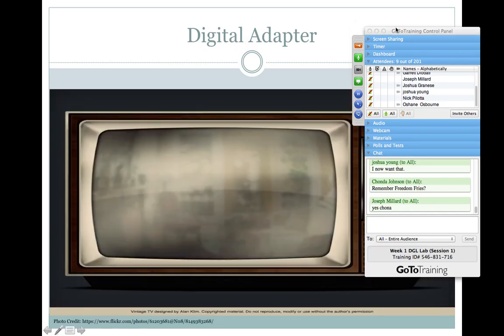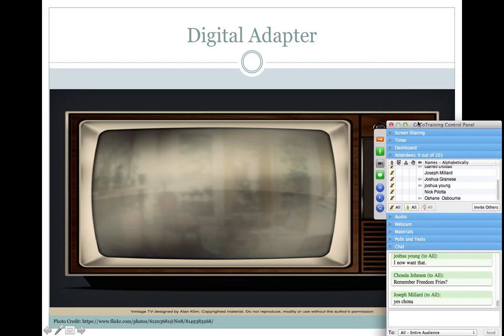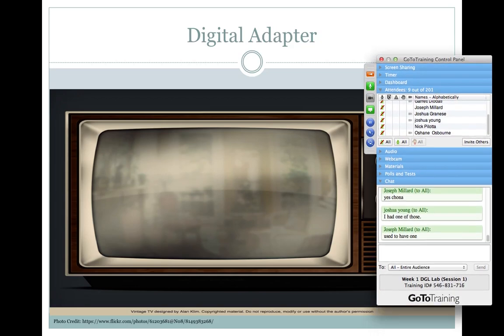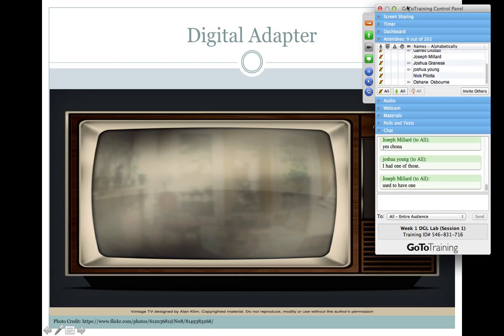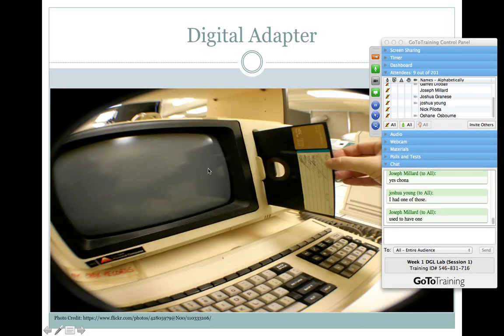I remember when television sets looked like this, where you had to get up and turn the knob to change channels, and you didn't have very many channels to choose from. You had NBC, ABC, and CBS. In Chicago, we had WGN, and then you had PBS. That's it. I remember when computers looked like this, right? That's a 5 1/4 floppy disk.